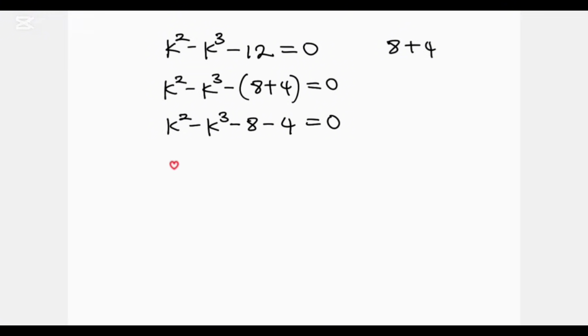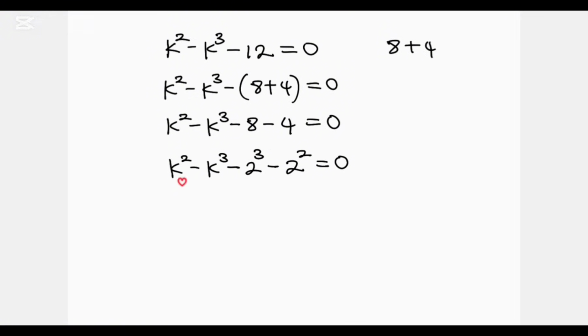Now, this simplifies into k squared minus k cubed minus 8. 8 is a perfect cube, which means it can be written as 2 cubed, and minus 4, 4 is a perfect square, which means it can be written as 2 squared. And this is equal to 0. Very good. Now, let's pair.